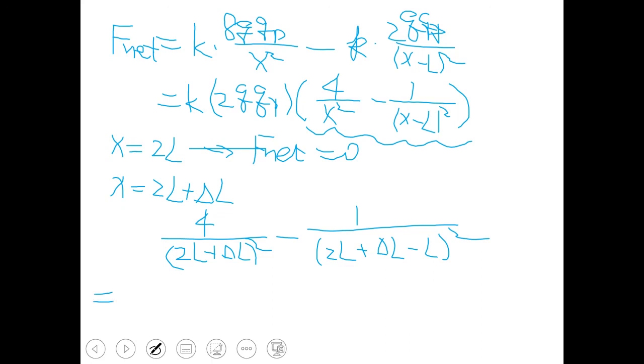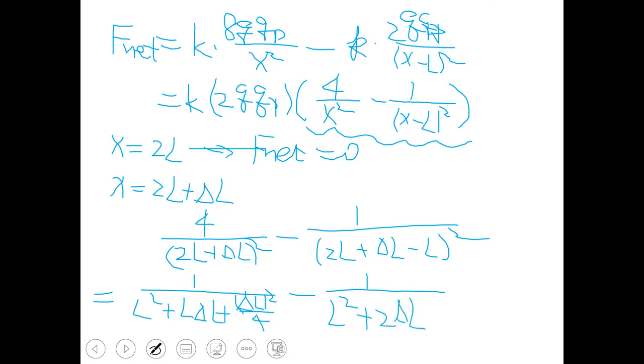It would be like 1 over L squared plus L delta L plus delta L squared over 4, minus 1 over L squared plus 2L delta L plus delta L squared, which will always be positive.